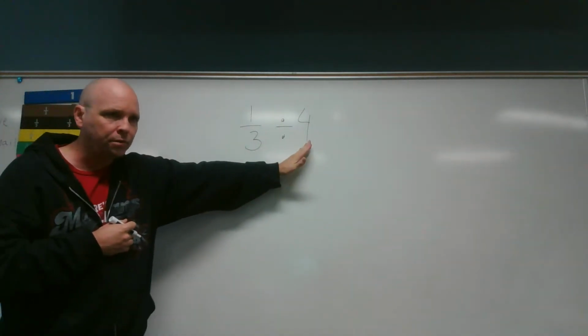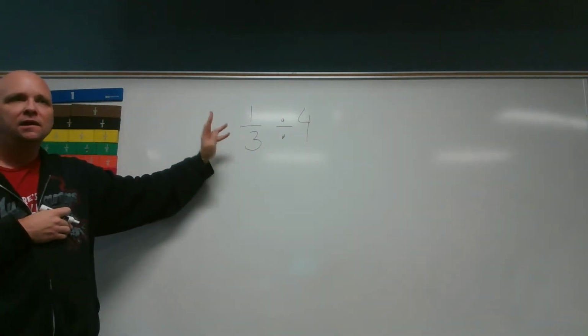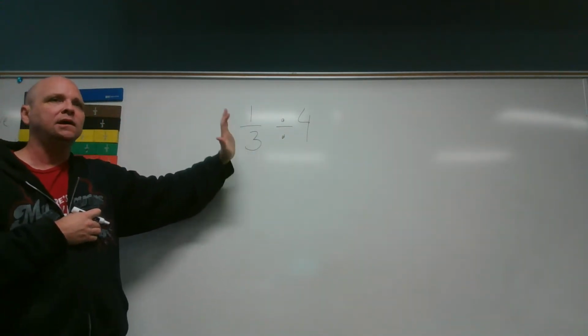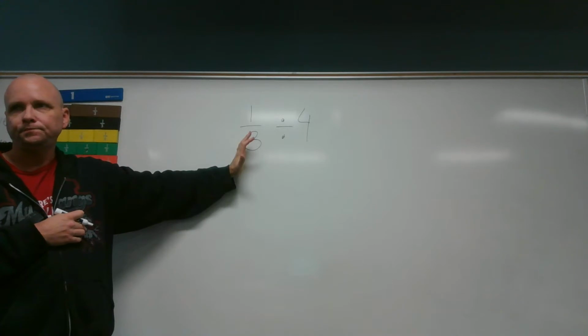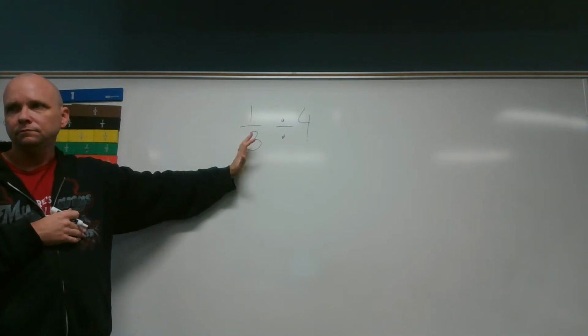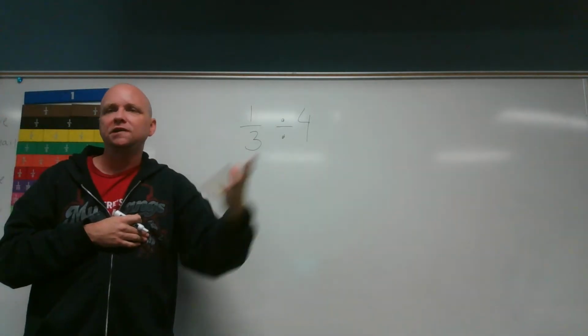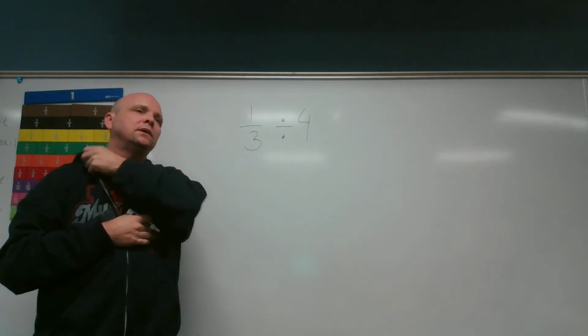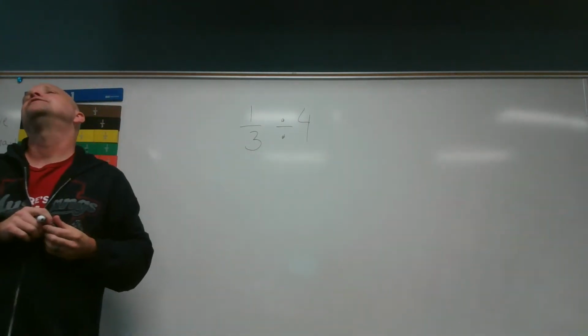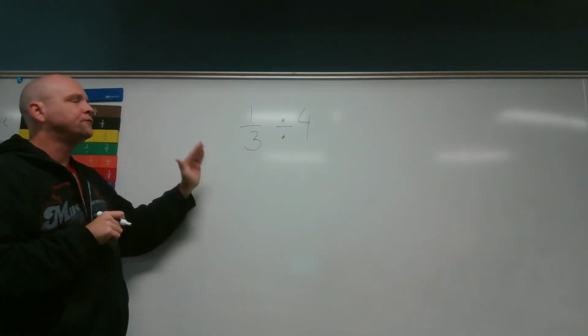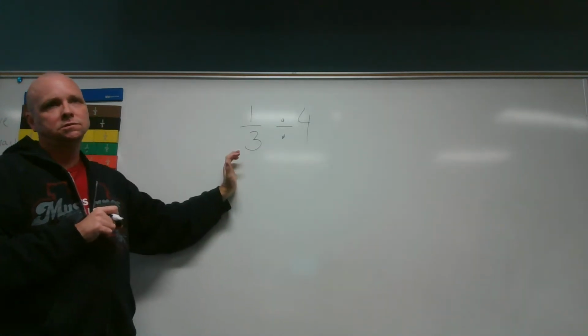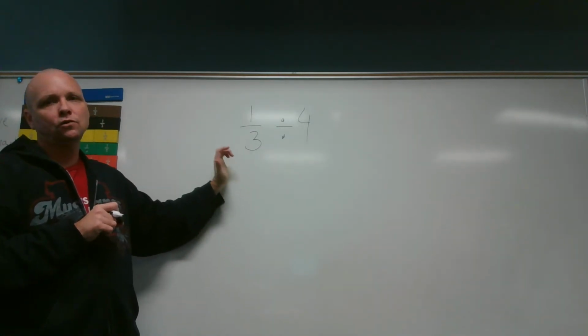If the whole number is what's being divided, my answer is going to be a whole number. At least for what we've learned thus far. It'll be different as you move in life, but with a unit fraction, that's how it works.